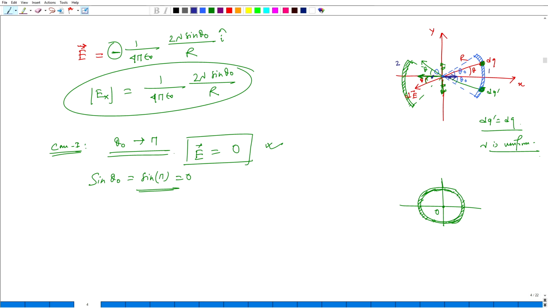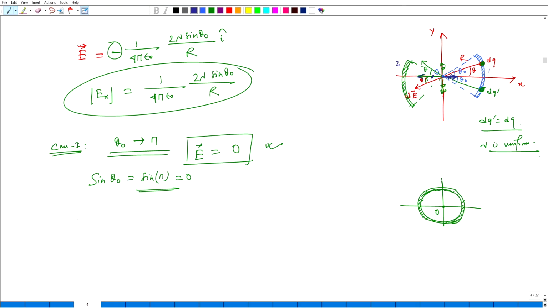The electric field at O due to the first arc is in this direction, and the field due to the second arc is in the opposite direction, and they cancel each other. In this way, for a circle, the x and y components always cancel each other and the net electric field is 0. So without any calculation, you use the symmetry principle and you end up with the expected result.